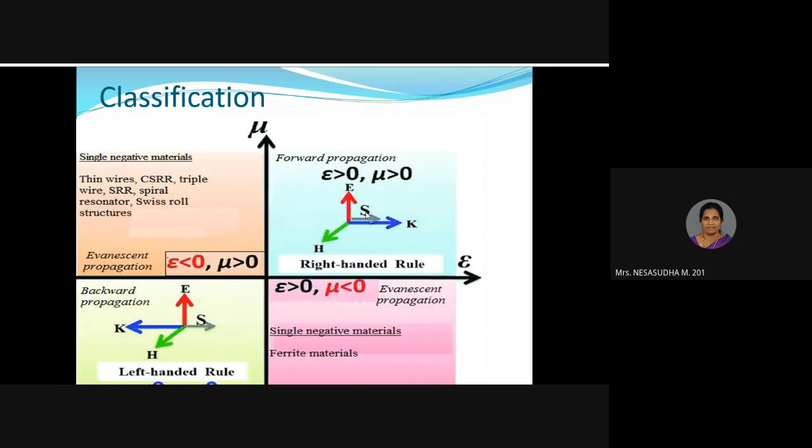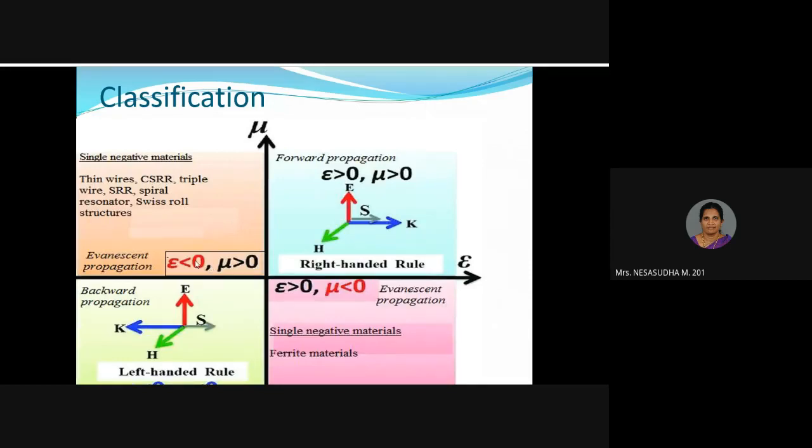Next, we can take quadrant 2 and quadrant 4. Some materials may have one of the properties positive and the other negative. Quadrant 2 is a single negative material: mu is greater than 0, but epsilon is less than 0.